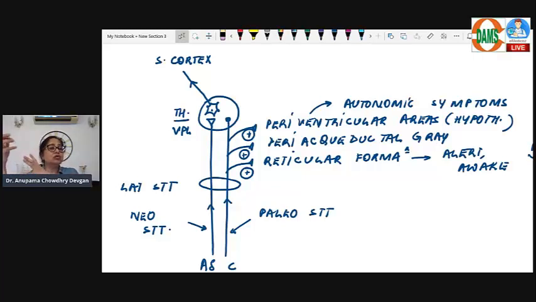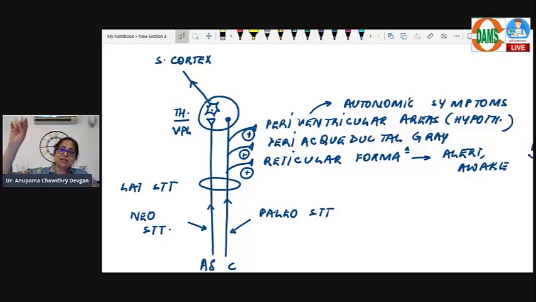Fast pain is therefore also known as the epicritic pain. C fibers are also known as the paleospinothalamic tract, which is older in terms of evolution, and the sensation slow pain is also known as protopathic pain.